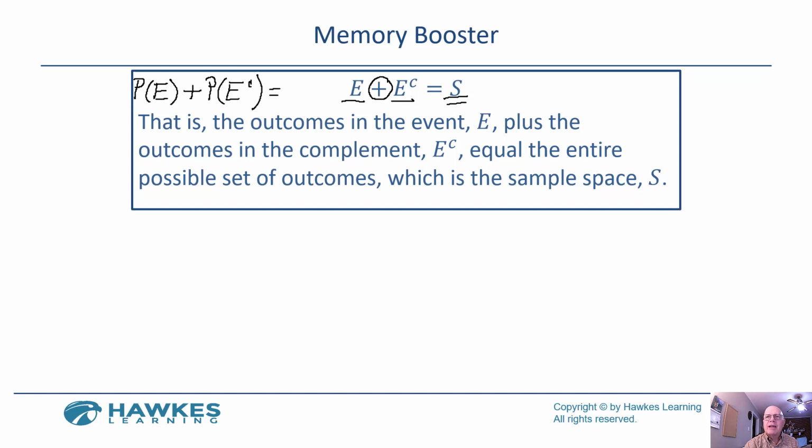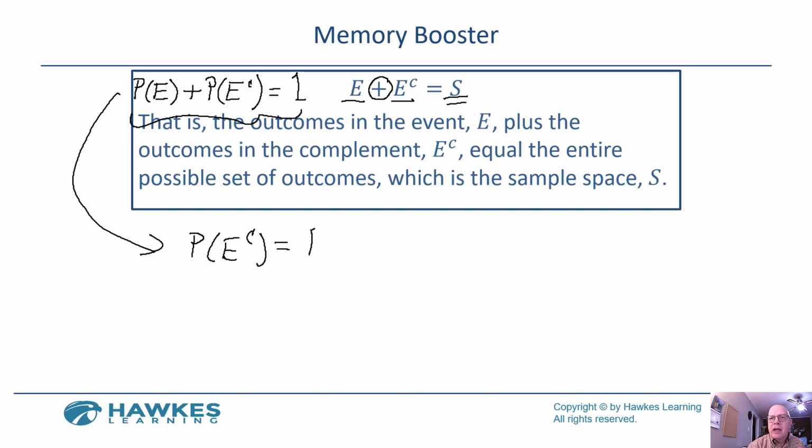Since those are the only things that can happen, and E and EC together make up the sample space, they're equal to 1. Not only that, the sneaky thing you get from that is that if you want the probability of the complement, if you do a little bit of algebra here, you could get that in reverse, you might say, by taking the probability of the event and subtracting it from 1.